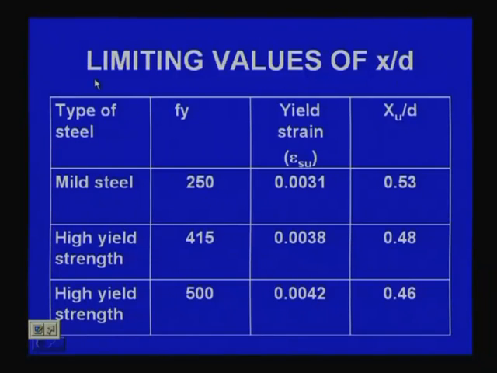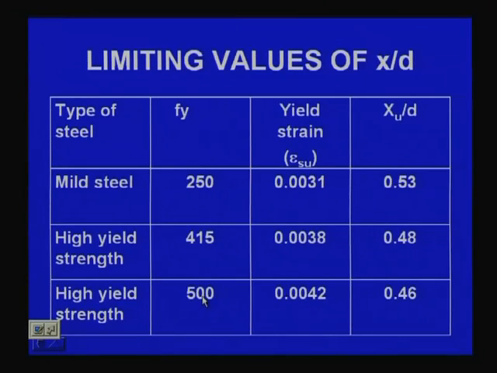So, limiting values of x by d, by type of steel: mild steel, high yield strength, Fe250, Fe415, Fe500.